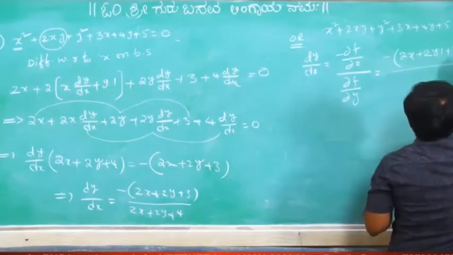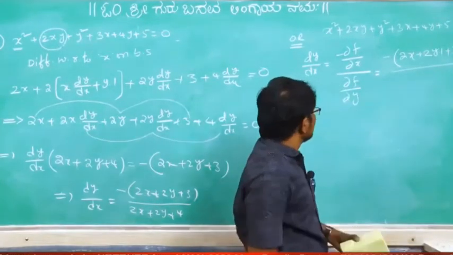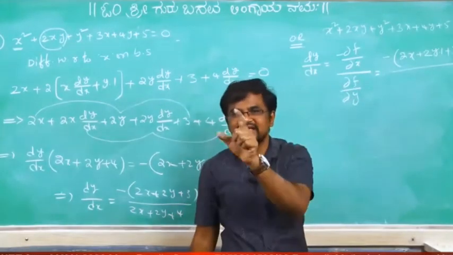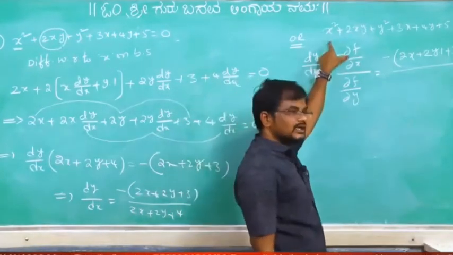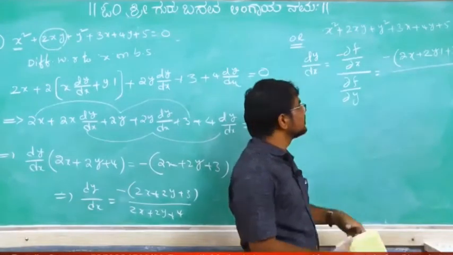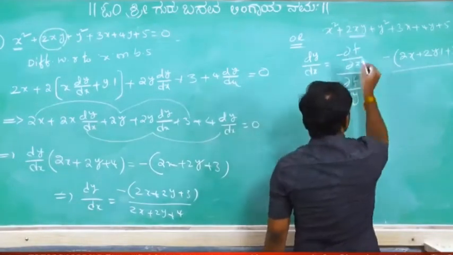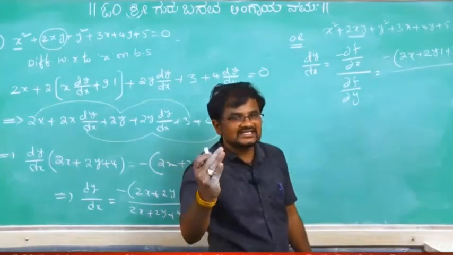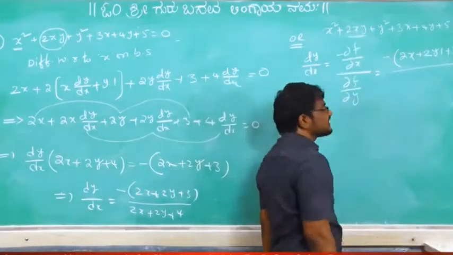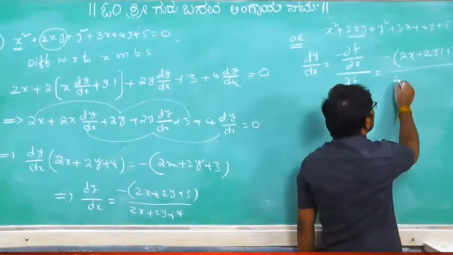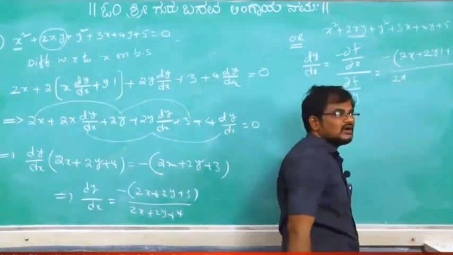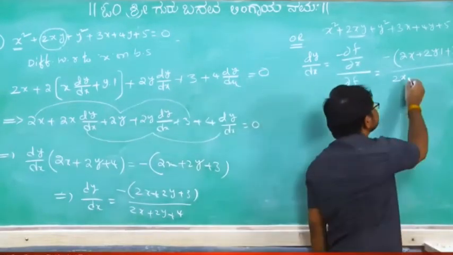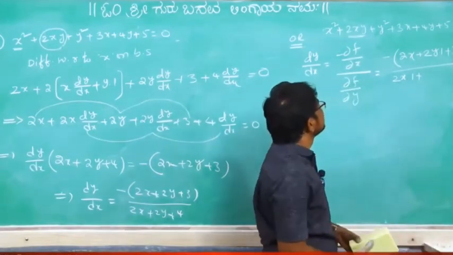Constant 0, all divided by partial differentiation of the given function with respect to what? y, means treat x as constant. Total constant term 0, and here differentiation of given function with respect to y, x as constant. Now in this one, 2 constant and x also constant. Differentiation of y with respect to y is what? 1 plus, next one is what?